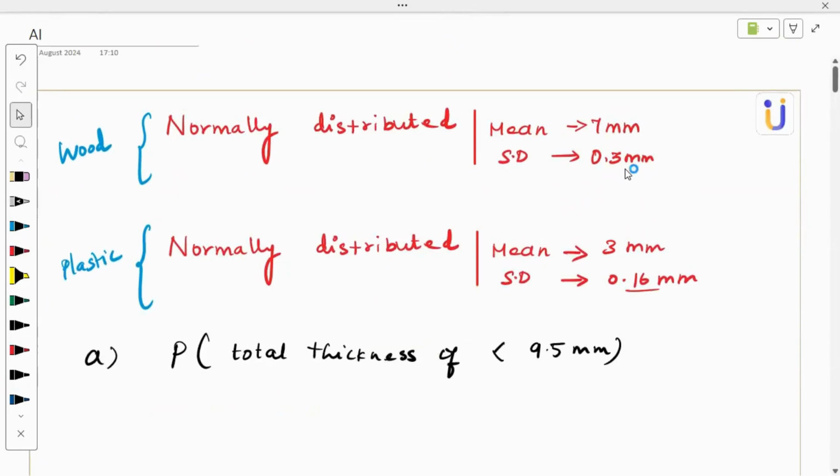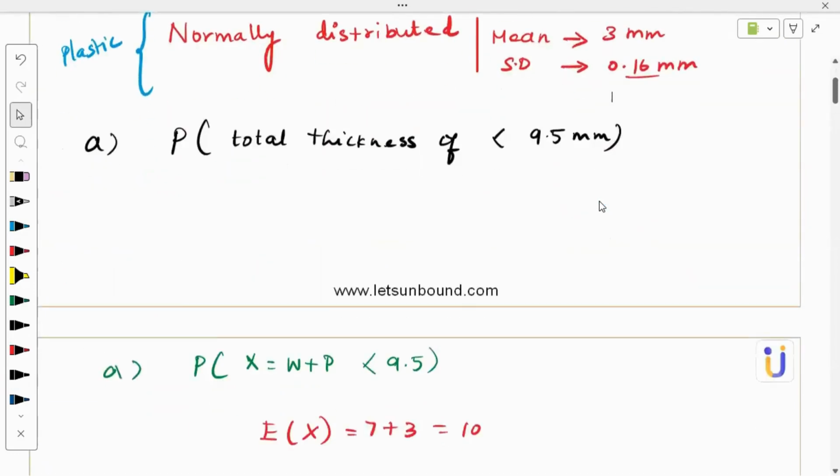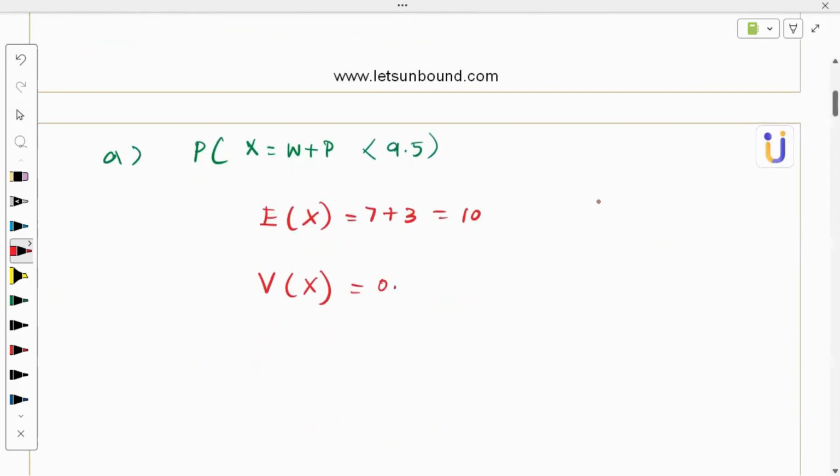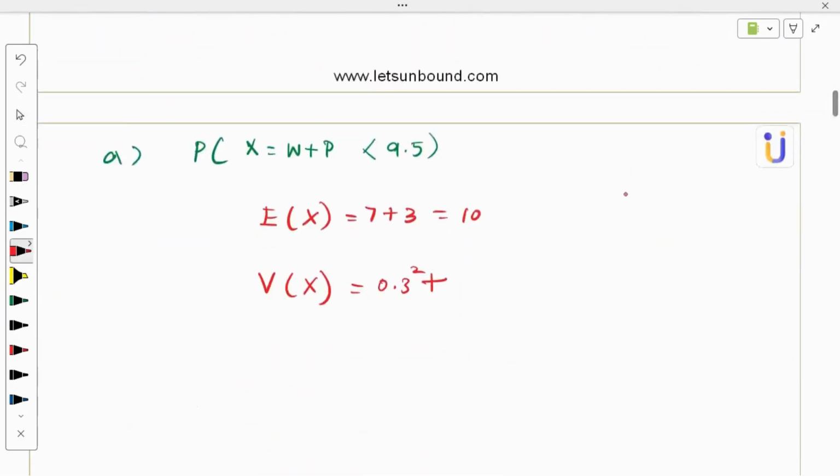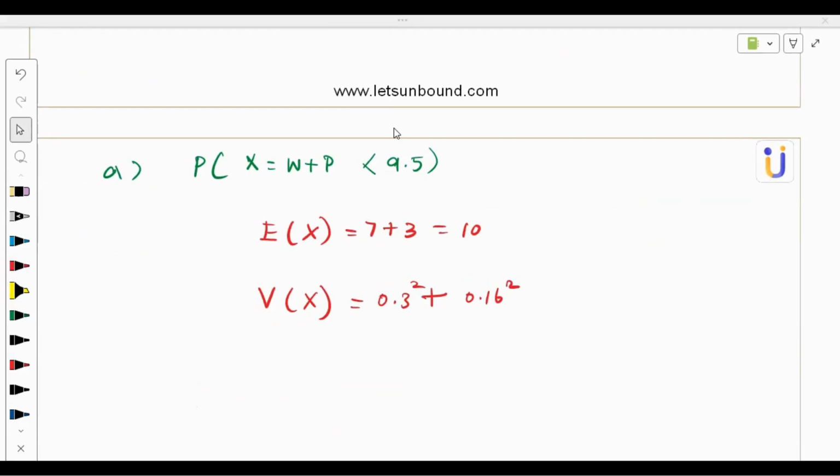Standard deviation is sigma, variance is sigma squared. So for wood, the standard deviation is 0.3, so the variance is 0.3 squared. For plastic, the standard deviation is 0.16, so this is 0.16 squared. It's a very simple calculation, so I'm not going to show the calculator. Just solve it and you will get around 0.1156.